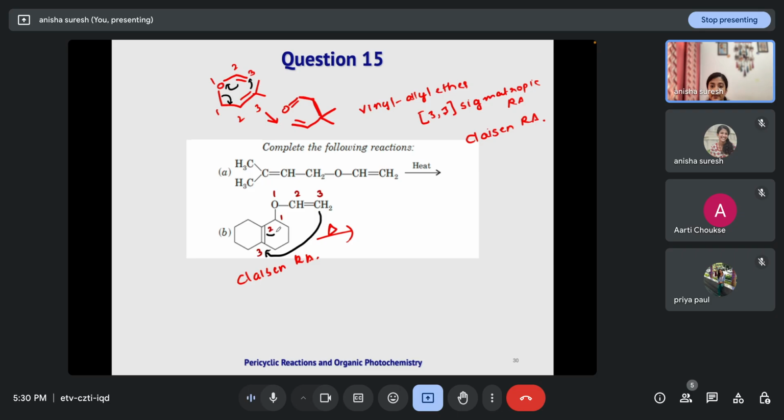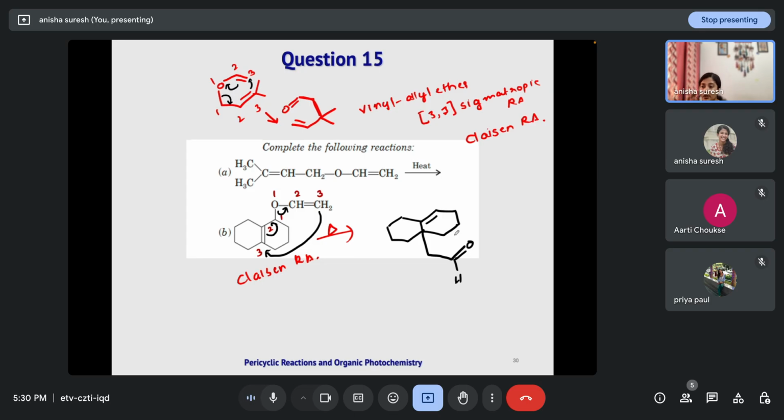The reaction will be taking place in this manner, and the product that will be formed is, so here a new double bond is forming between these two carbons. This group is entirely shifting to this side. So a CH2 aldehyde. Okay, this will be the final product that is formed in this reaction.